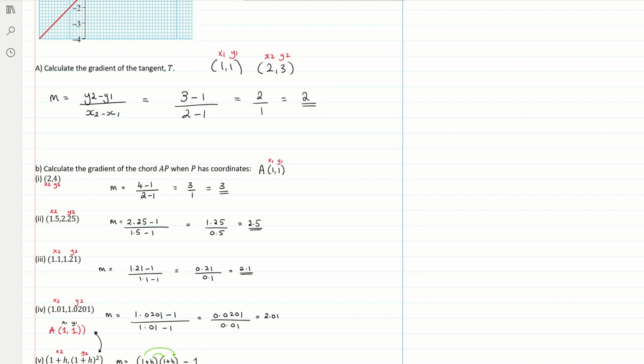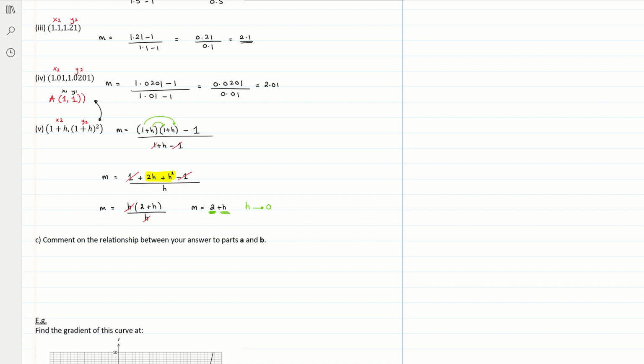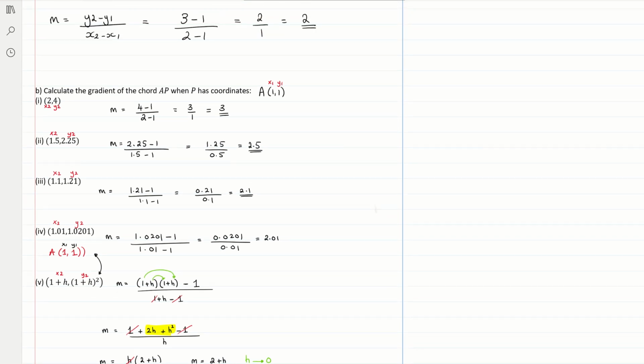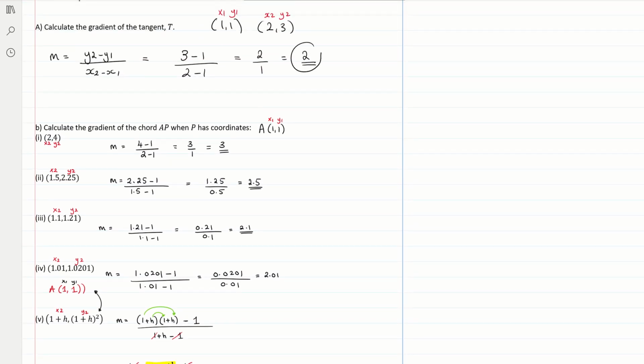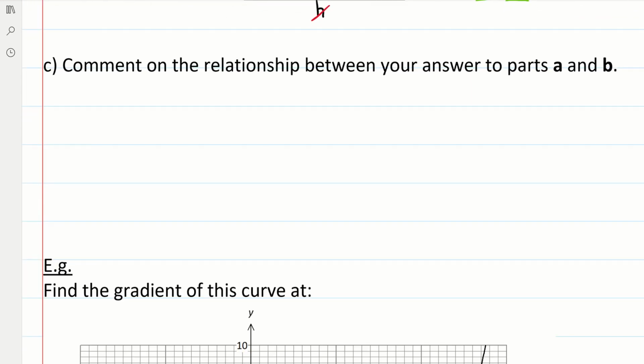It's basically getting closer and closer to the actual value of the gradient. So I will write this down, but this is just what they want you to see. The smaller the distance between A and P, the more accurate the value of the gradient, and it resembles the value of the gradient of the tangent, which is the value of the gradient of the curve at that point.